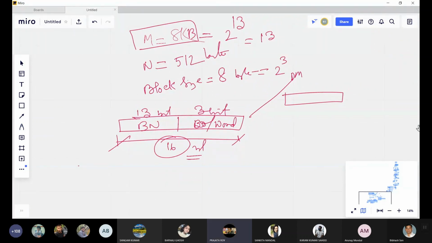I missed the connection. I told you that this is my actual CPU generated address from your hardware. Now if I convert to direct mapping, then there will be block number, line number, offset. So there will be some bits in the address translation, address mapping. So I need that bit information of the address. Okay, sir.